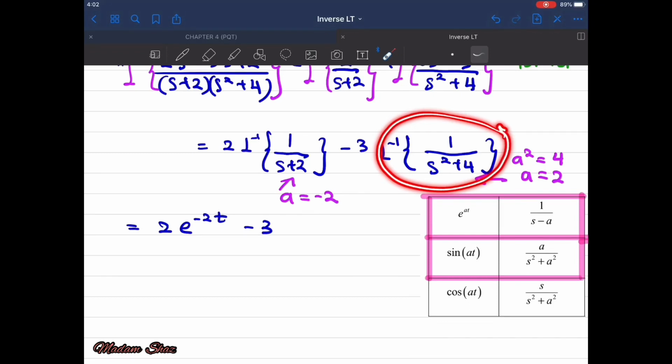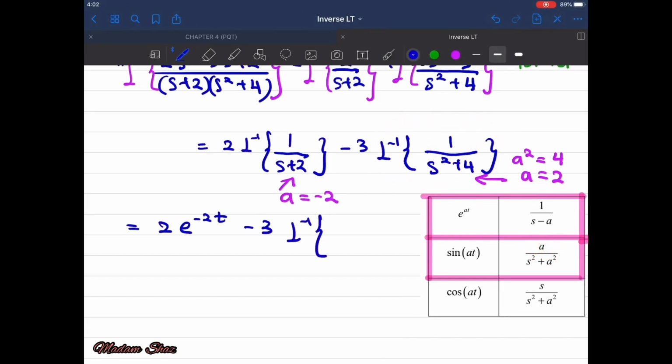So you have to write in terms of a at the upper side. So this one must be written as a equal to 2. Laplace inverse 2 over s square plus 4. So when we write 2 at the upper side, you have to divide with 2 at the front.